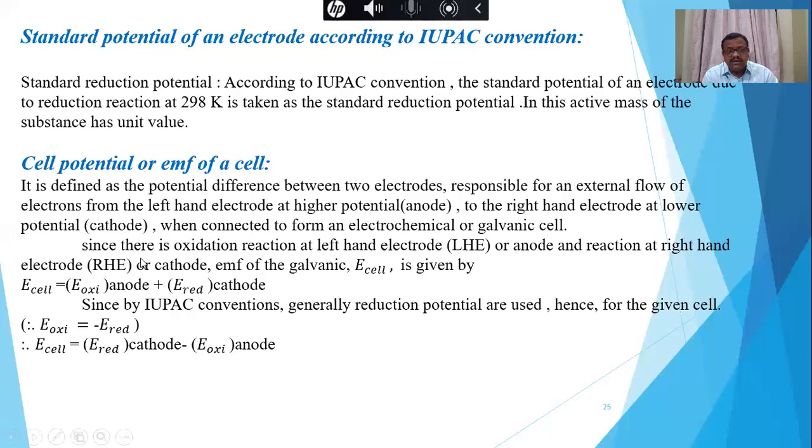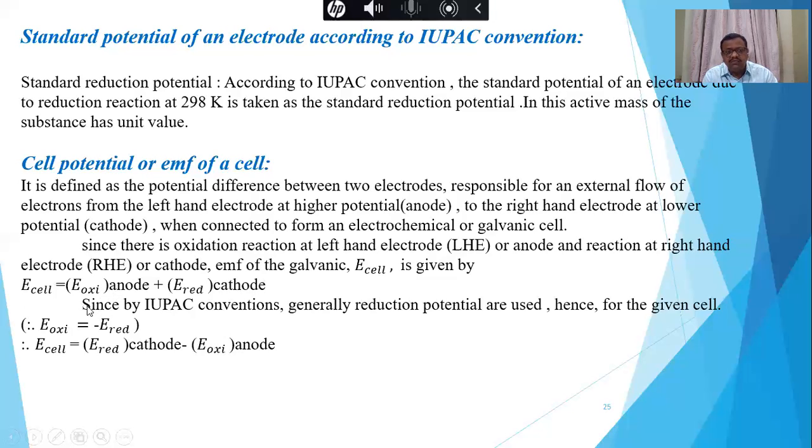Since there is an oxidation reaction at the left hand electrode or anode, and at the right hand electrode (RHE) or cathode there is reduction, the EMF of a galvanic cell is given by E cell is equal to E oxidation anode plus E reduction cathode.